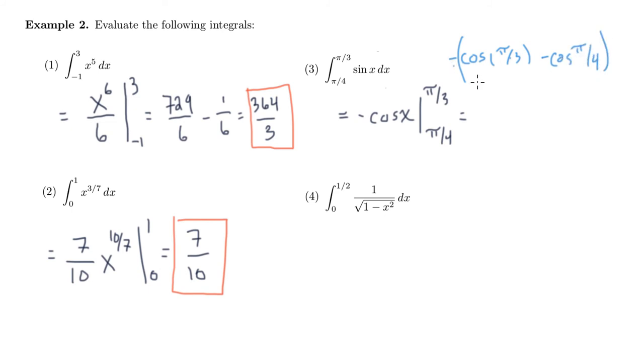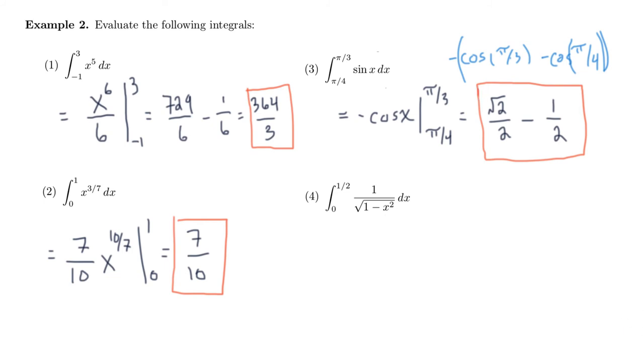But if I just move the negative in, I can just get cosine pi over 4 minus cosine pi over 3. Cosine pi over 4 is root 2 over 2, and then cosine of pi over 3 is 1/2. Okay, nothing special there.